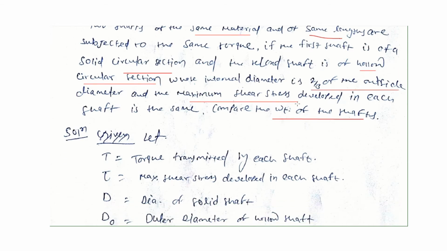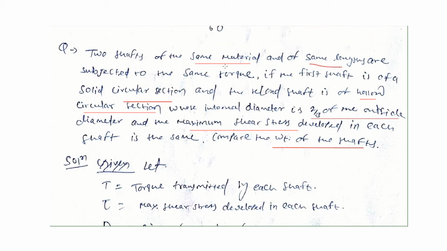So here we first calculate the volume. It will give pi by 4 d square into L for the solid circular shaft, and pi by 4 d outer square minus d inner square into L for the hollow one. So the length is the same, the material is the same, that means the density is the same, so we conclude a relation between the diameter of the hollow shaft and the solid shaft.